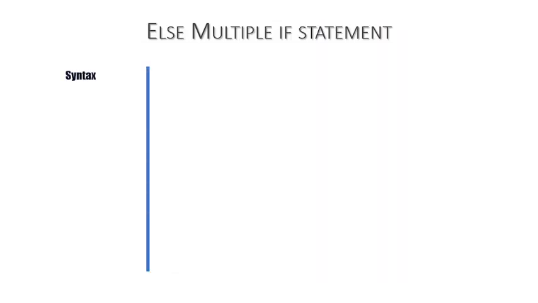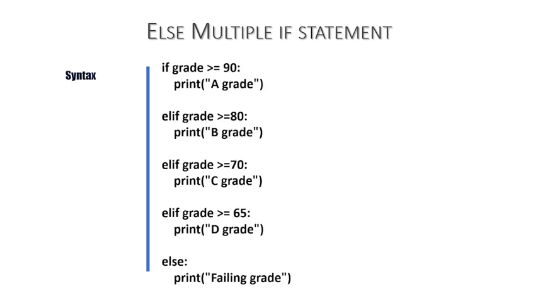Third one comes the elif multiple if statement. That means there are multiple ifs, more than one conditional statement, and we have to check each and every statement. That is, if grade is greater than 90, it means the student has obtained A grade. Elif, that means else if grade is greater than 80, that means B grade.